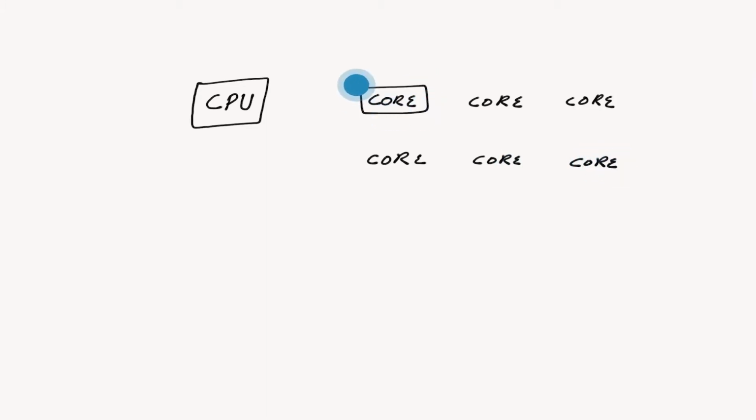As I said, a CPU can have different cores. Let's say we have in our example 6 cores.